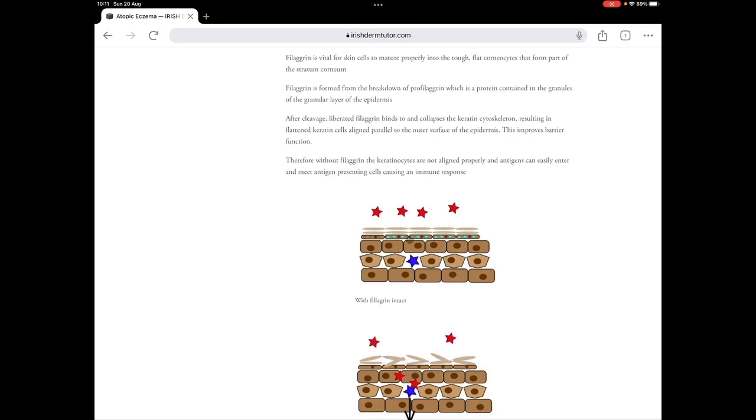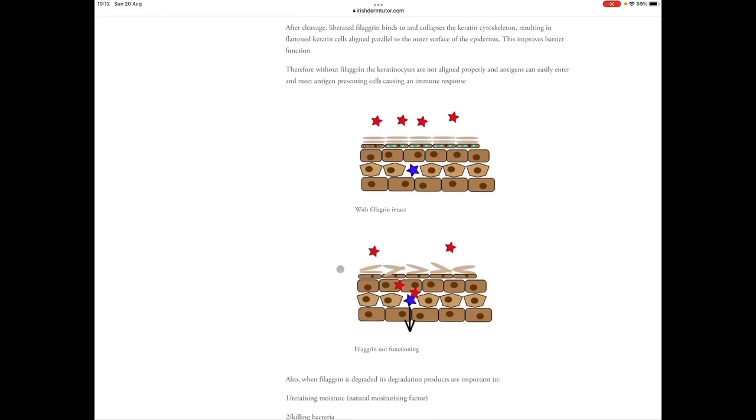And once this is cleaved, the liberated filaggrin binds to and collapses the keratin cytoskeleton. And this results in flat corneocytes that are aligned parallel to the outer surface of the epidermis, and this improves barrier function.